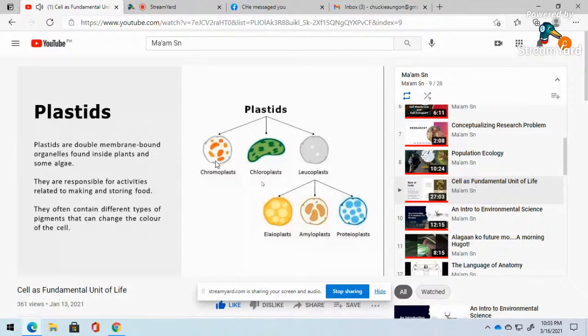So the chloroplast is responsible for the photosynthesis, which contains the photosynthetic pigment called the chlorophyll, while the leucoplast are plastids that are considered to be colorless. So this includes the three types.